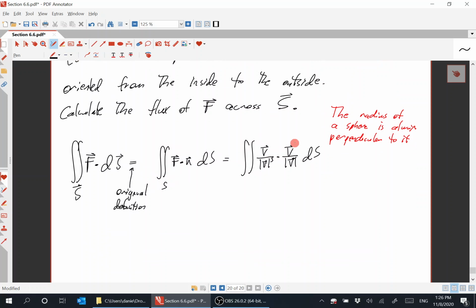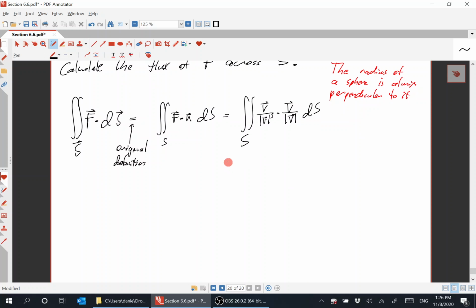Scalar surface integral, which is equal to the scalar surface integral. v dot v is the length of v squared. Well, let's write it this way. Let's do an extra step. v dot v over the length of v to the fourth. But v dot v is the length of v squared.